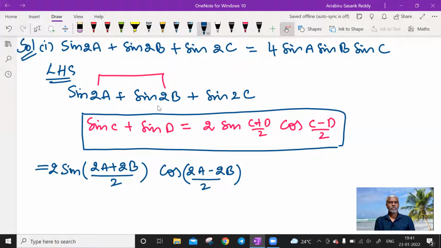So the sum of these first two terms we are converting into a product, 2 sin of (C plus D) by 2 cos of (C minus D) by 2, plus the third term sin 2C.